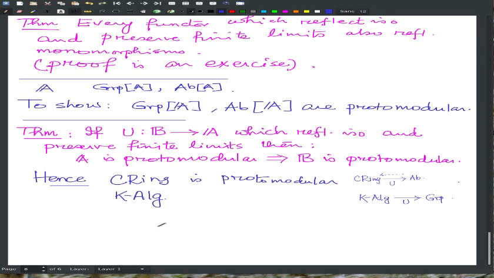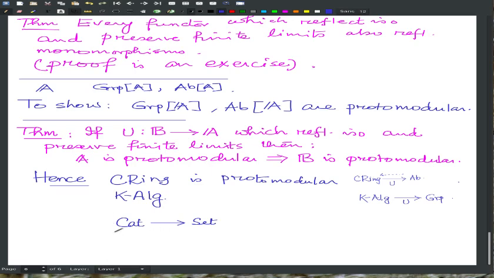Okay, let's see. Graphs to sets. What is the functor? It's set. Okay, we can call it the discrete functor.